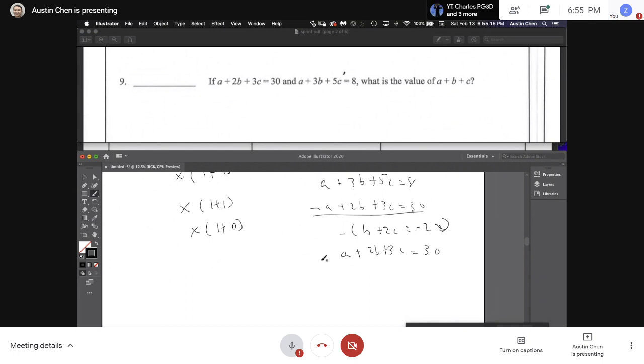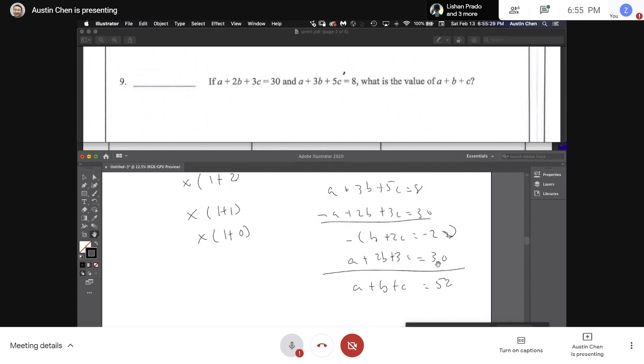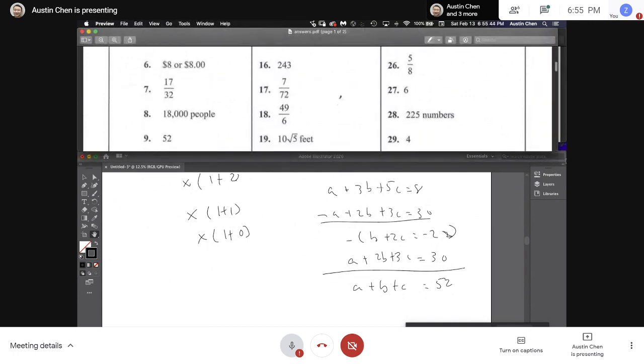And then this will be a plus b plus c, and this equals 52. So then that's just your answer. This is probably the best way to do it, but the other way of assuming one of these variables is something is also a fine way of doing it. That also wouldn't take you too long. But yeah, the answer is 52.